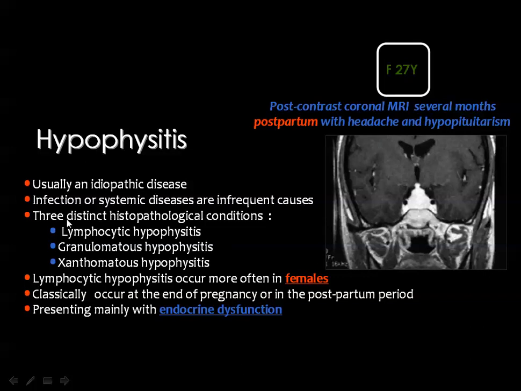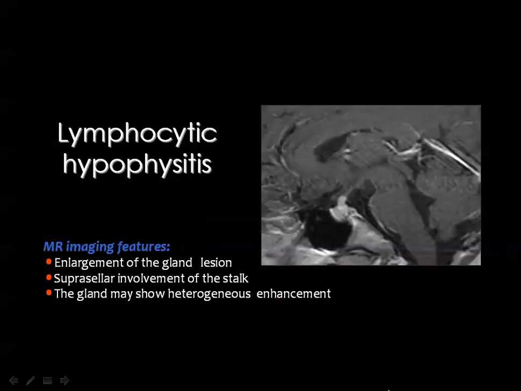We have three histopathologic conditions: lymphocytic hypophysitis, granulomatous hypophysitis, and xanthomatous hypophysitis. Lymphocytic hypophysitis occurs more often in females, as I have mentioned, at the end of pregnancy or in the postpartum period. The presentation here is by endocrine dysfunction.